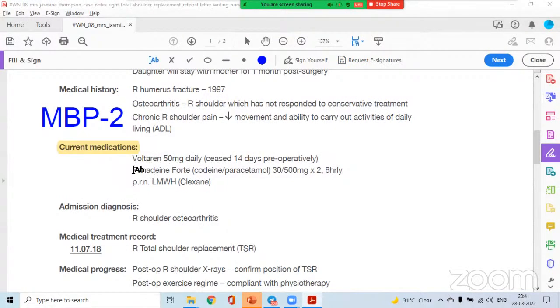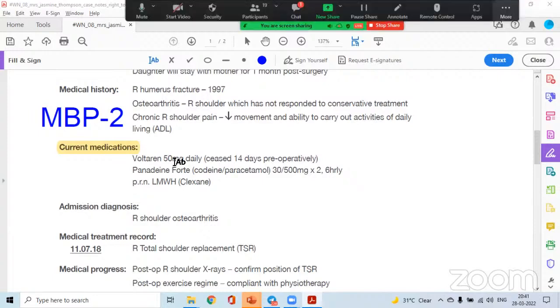The current medications are Panadine Forte for pain relief. So Panadine Forte is used to manage pain, to provide pain relief. That's what you can use.